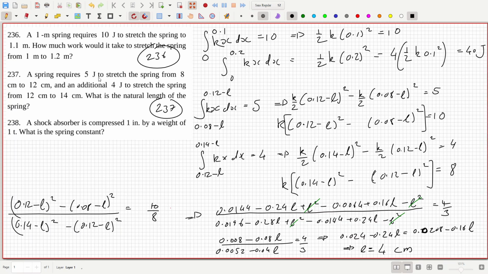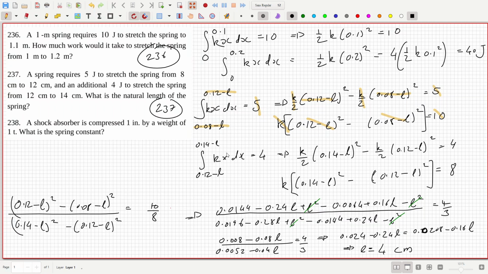5 joules, 8 to 12. Whoops. 8 to 12, 5 joules. So that's a half k, that minus a half k, that equals 5, so that's equal to 10, because I multiply by 2 and take the k out. So that all looks good. And then an additional 4 to stretch from 12 to 14.